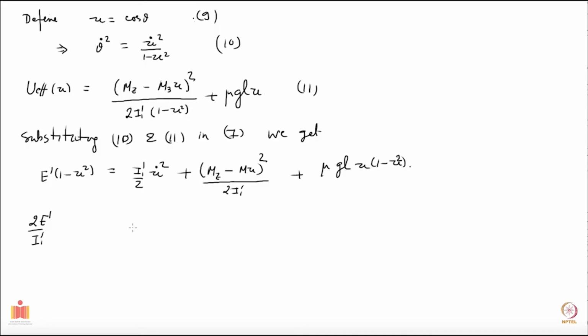Then you will have this one become 1. When I multiply this entire equation by 2 to get rid of this, there will be a 2 here which will cancel this 2, and then you have I1 prime divided here. So that will make I1 prime square, dividing mz over I1 prime and m3 over I1 prime.